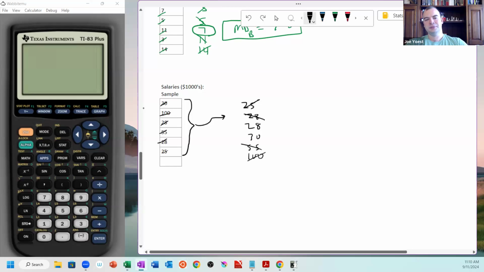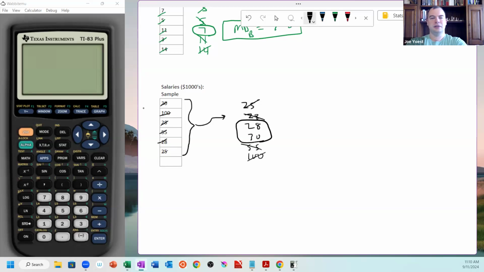What do I do now? In the case that my data set has an even number of data points, the median for this adjusted salary data is going to be the average of the middle 2.